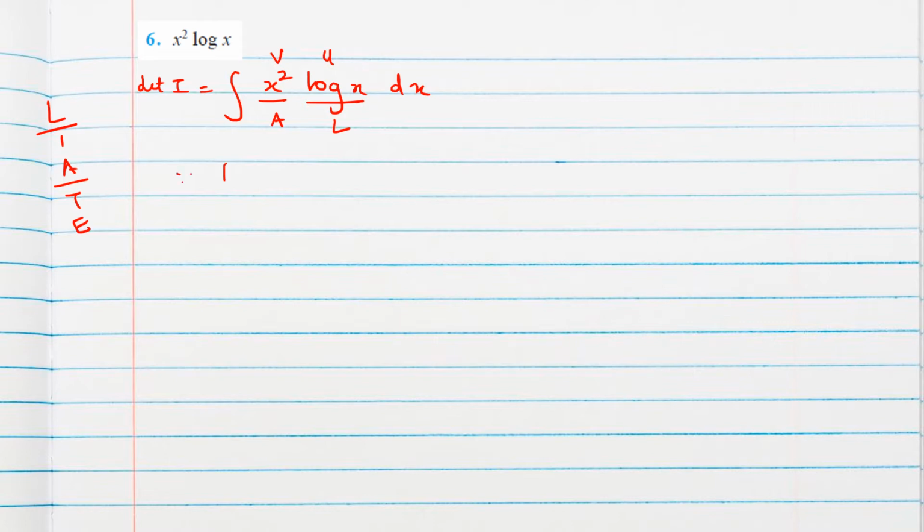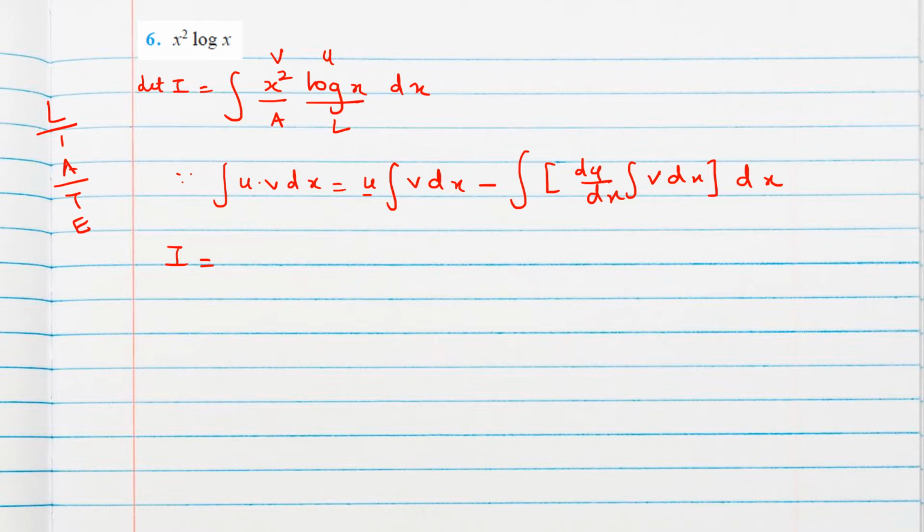So since we know integration of u v dx is u integration v minus du by dx integration v, whole integration. So we can write here u and v. So log x integration x square dx minus derivative of log x integration x square dx.